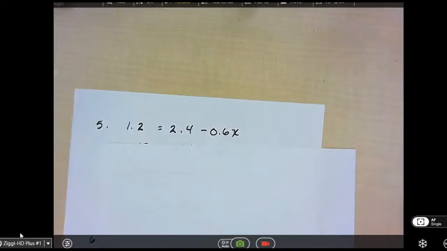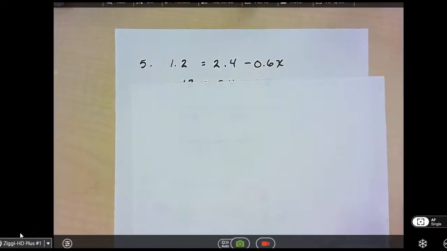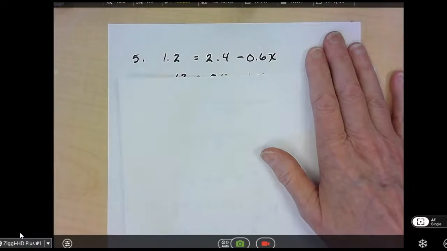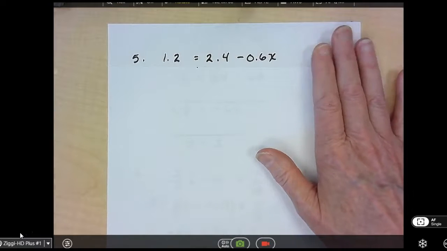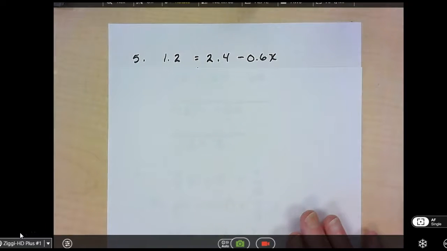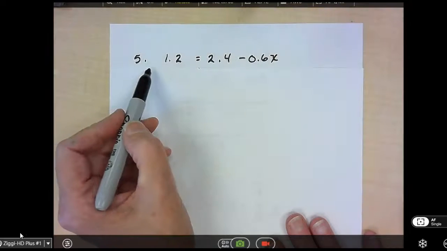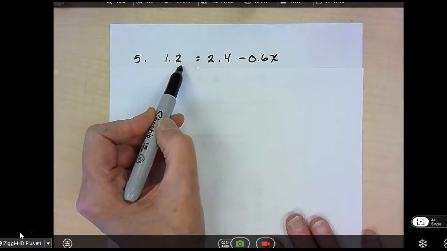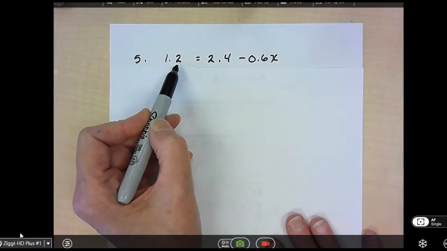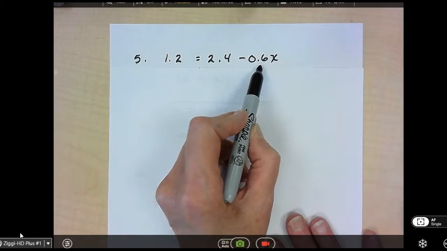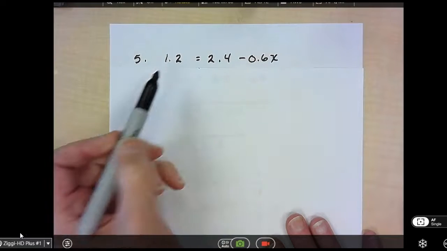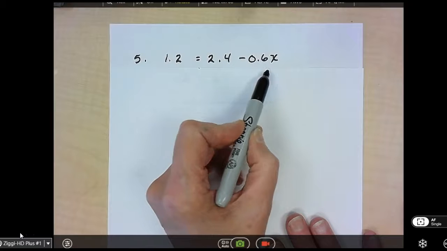So not always will they have fractions. Sometimes they will have decimals. So this is how we could solve it, leaving the decimals in there. But we can also eliminate all the decimals. So as you look across problem 5, we have 1.2, or 1 and 2/10, equals 2 and 4/10 minus 6/10 x. So as I read it, each one is a tenth.